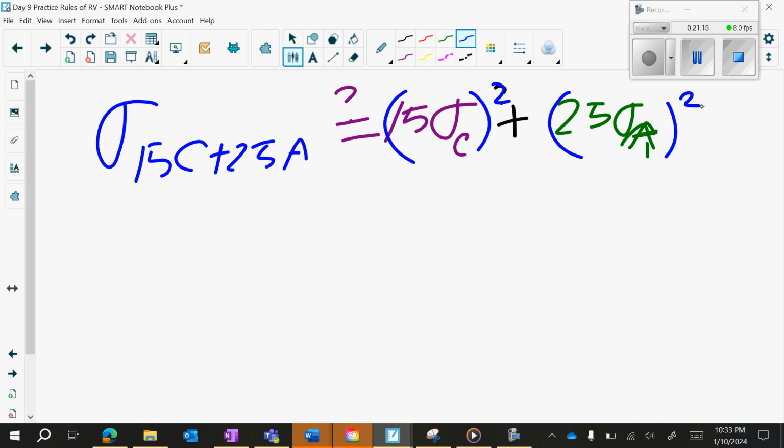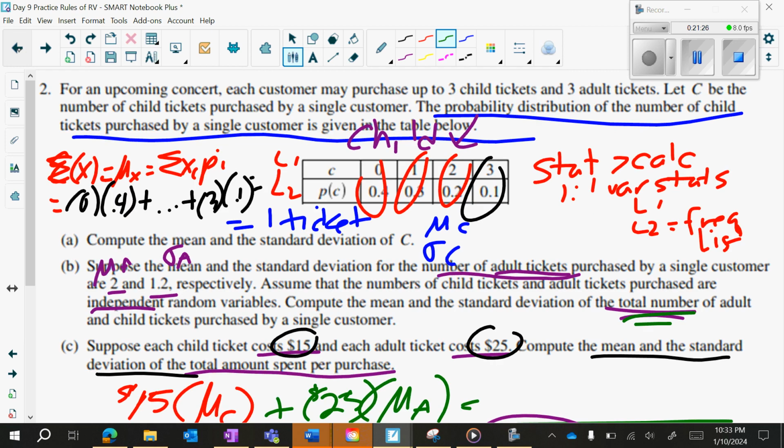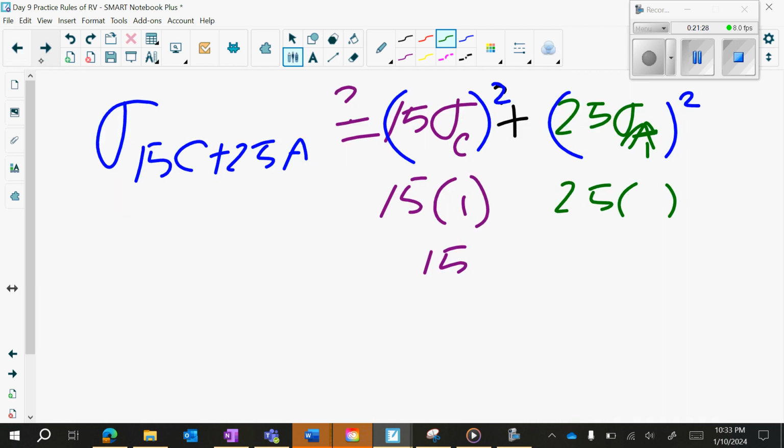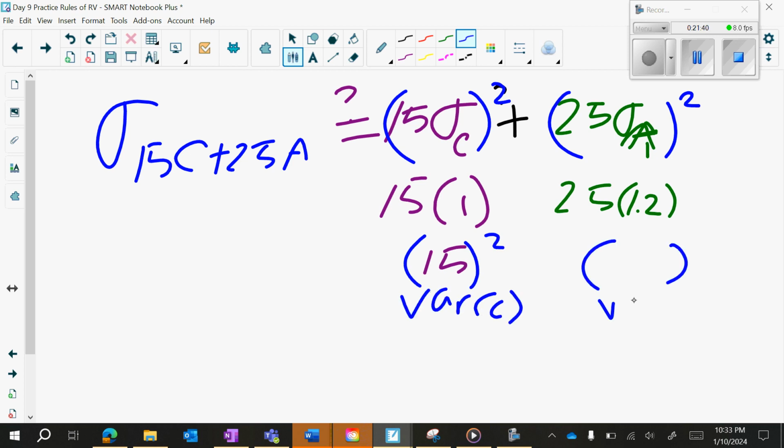So you're gonna do 15 times your standard deviation of child, which is 1. You're gonna do 25 times your standard deviation of adult, which was 1.2. And we're going to get whatever we're going to get. And then what we're going to do is we're going to square those to get the variance of the child and the variance of the adults.